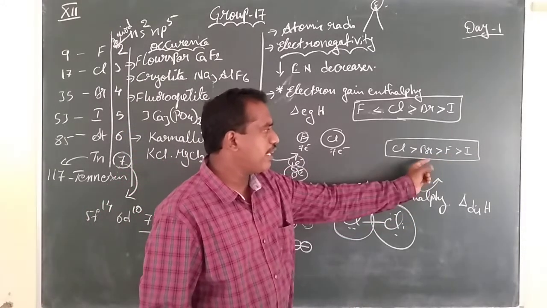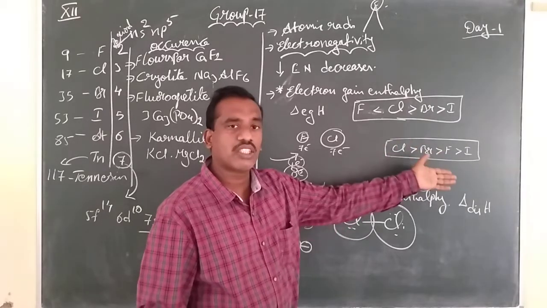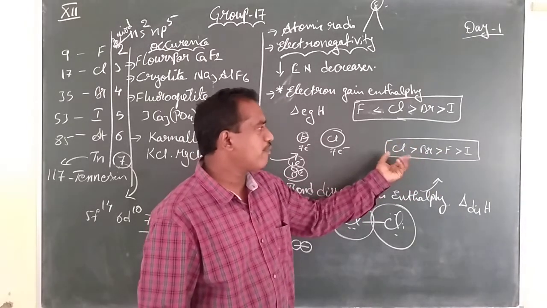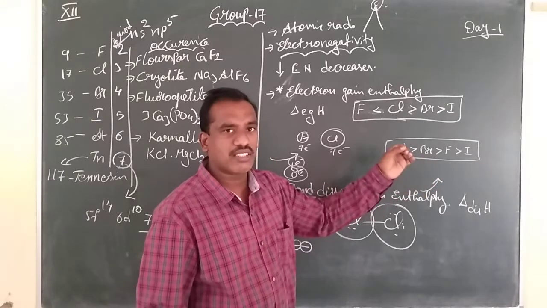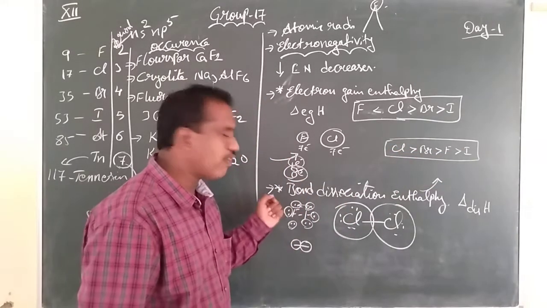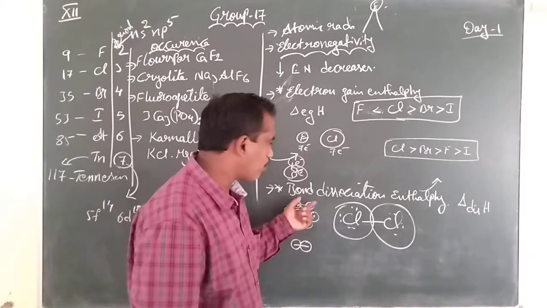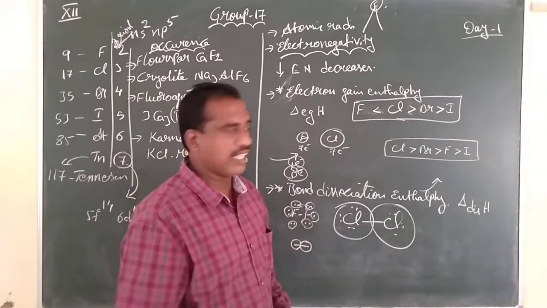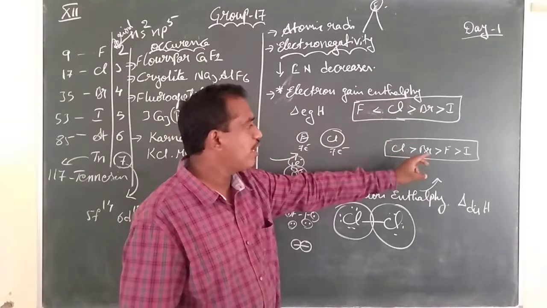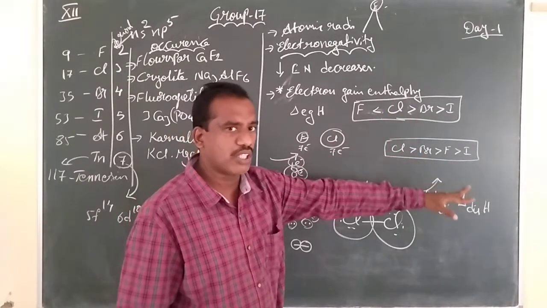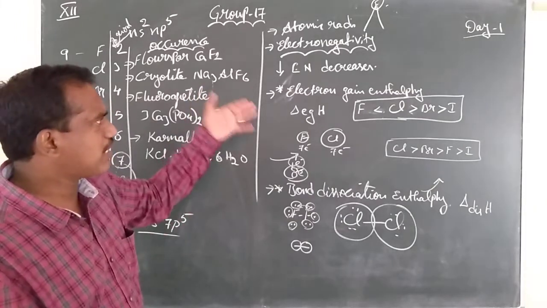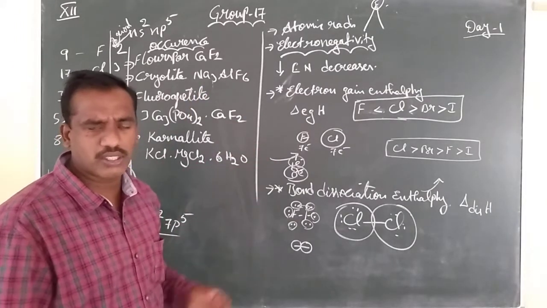Here electronegativity plays a role, but in the case of fluorine, electronegativity does not play any role. The repulsive forces are playing the role, hence its bond dissociation enthalpy is decreasing. So keep these two in mind: the electron gain enthalpy order and the bond dissociation enthalpy order. Coming to this introduction, we can introduce all these points.